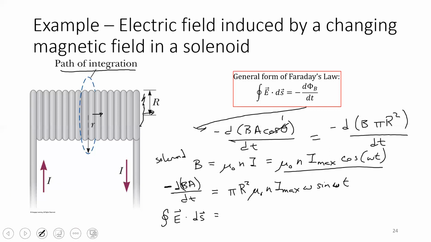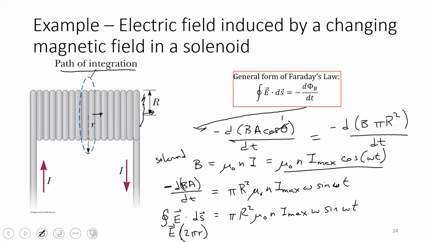So in this case, we picked a path that is a circle just outside our solenoid. So we picked a path that should be in the same direction, so our dot product should just become a multiplier.